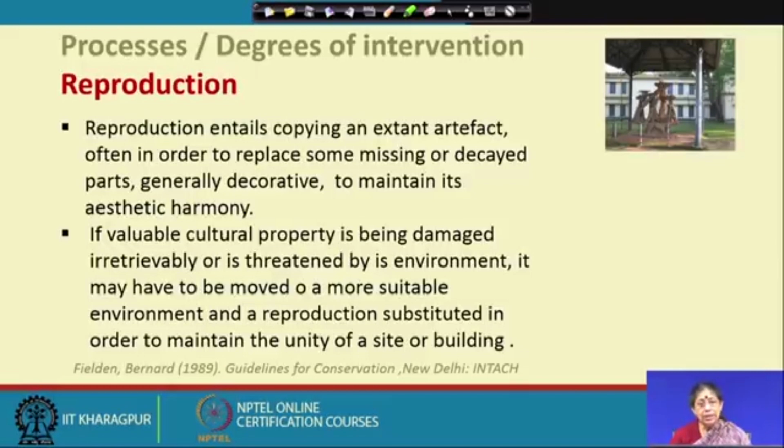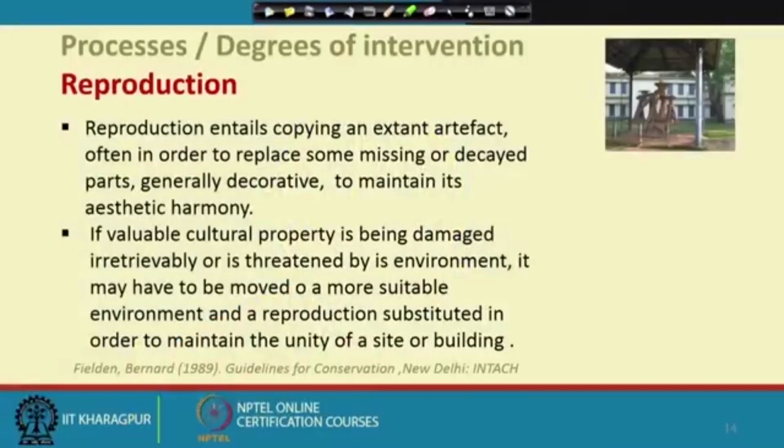But in such cases, there would have been two possible approaches. One is to keep a substitute on the site through reproduction and take the original back to a safer environment. In this case, the Visva-Bharati authority kept the original on the site in situ and gave it such a protection, which may not be aesthetically very pleasing, but at least the original structure is still there.